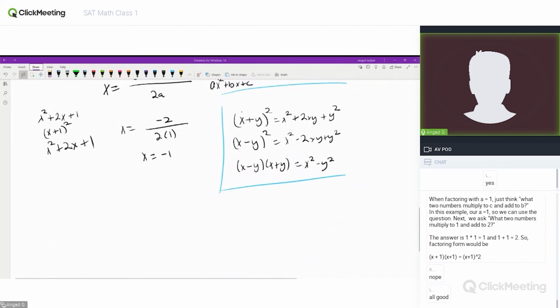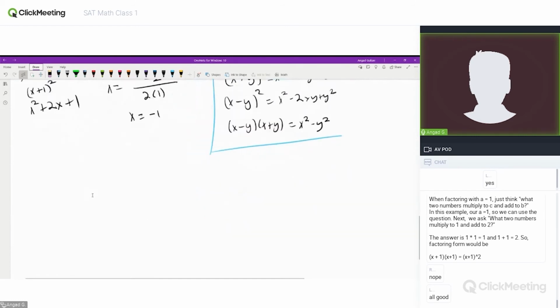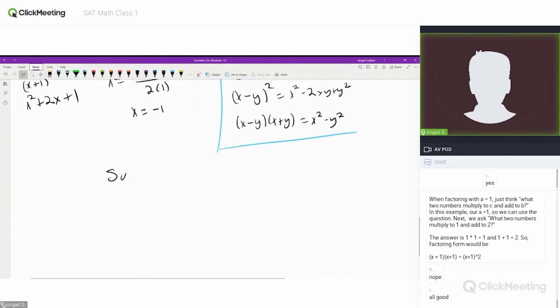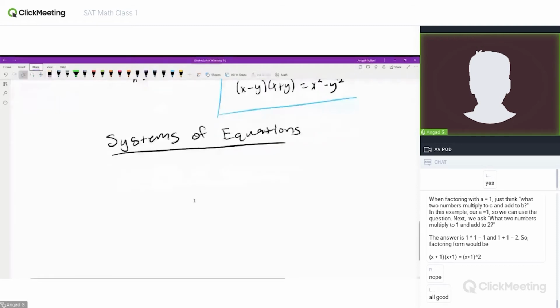But what we're going to do quickly is get to systems of equations now. A system of equations is basically when you have a set of equations with multiple variables and you're trying to solve for those variables.